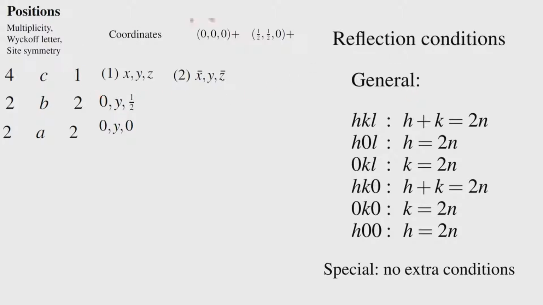So, there are 4 equivalent points, and the centering causes the general reflection hkl to show systematic absences. So, h plus k odd will be systematically absent. So, h plus k equals 2n is only present. This is clear. So, we will have the general reflections, analyze them, you will get h plus k equals 2n. In addition, you will get these many additional systematic absences.